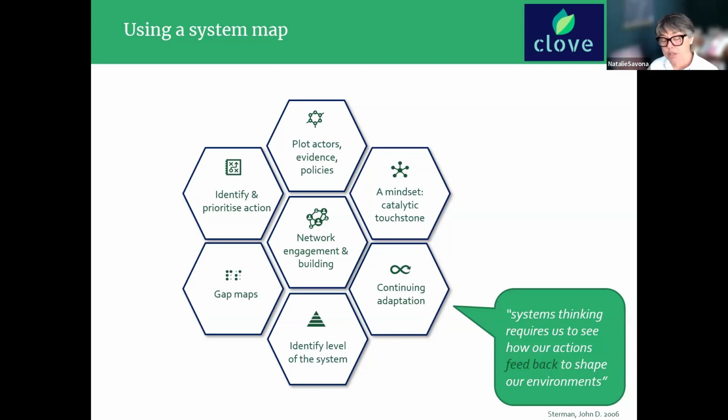But what you can do with system mapping, especially if you manage to bring in different perspectives, is illustrate an issue relatively objectively, and also illustrate potential solutions. I'm going to give an example which is probably easier to understand. I was asked to do some work last year with a local government, with their public health team.